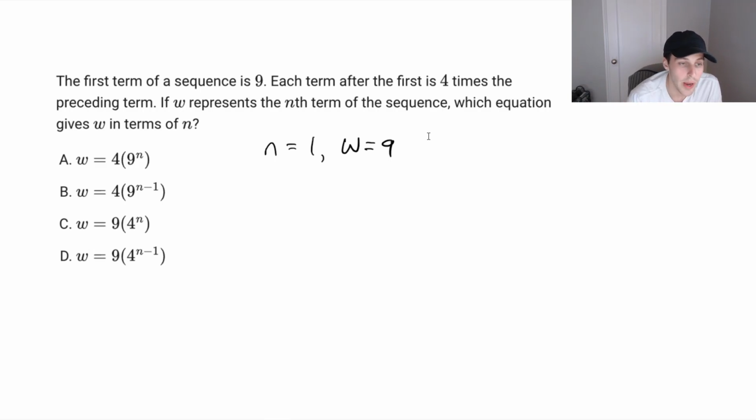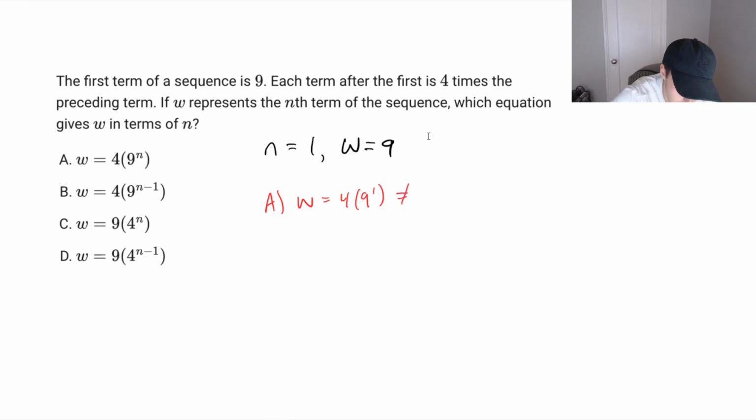Well, the fastest way is honestly just to see which of these is going to make that work. We can narrow it down quite a bit. For A, for n equals 1, we get 4 times 9 to the 1.